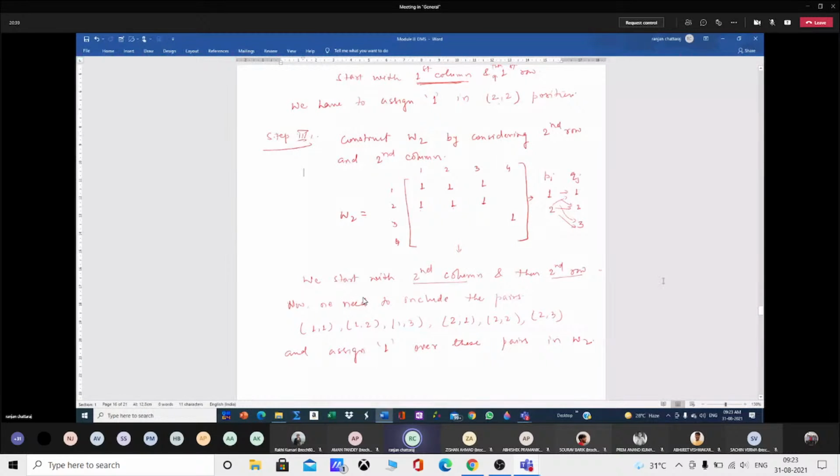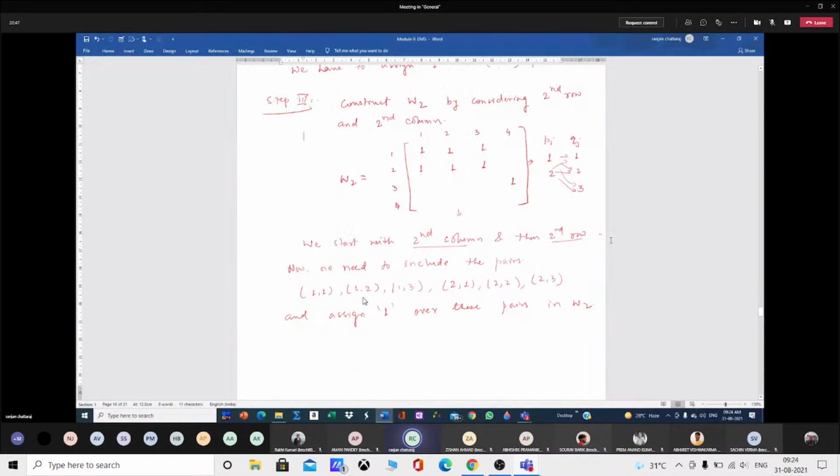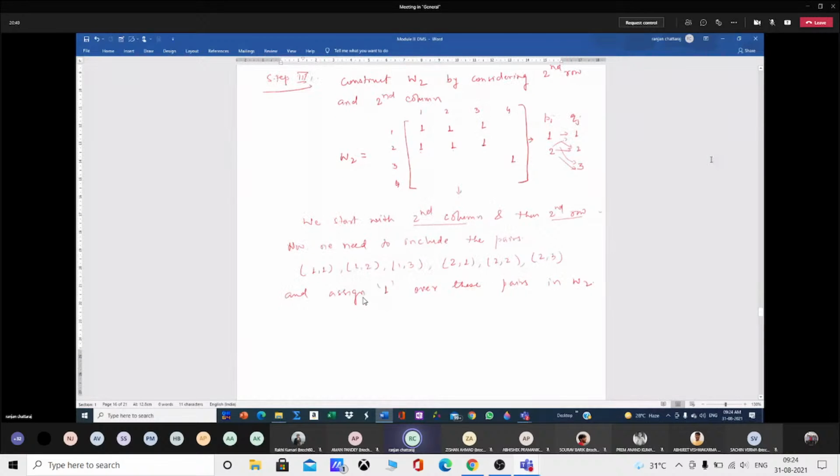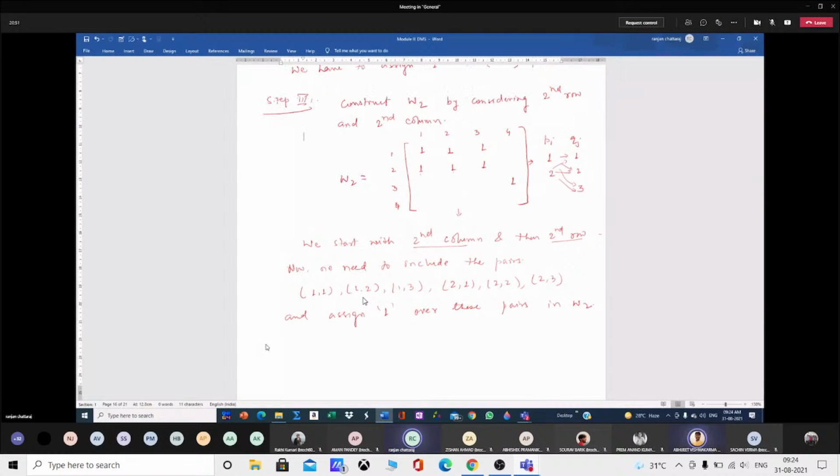Now similarly, can you find the W3? Yes, sir. Okay, try it. I'm simply writing here step 3. Step 4: what is to construct?